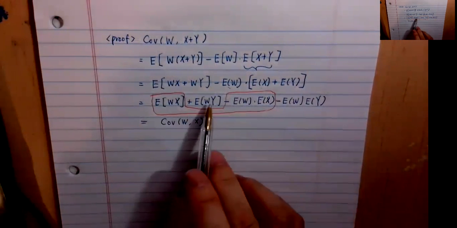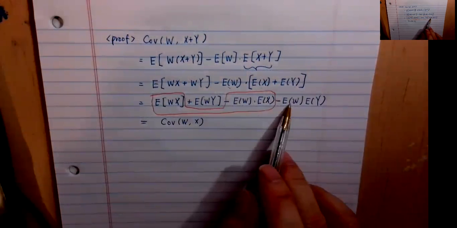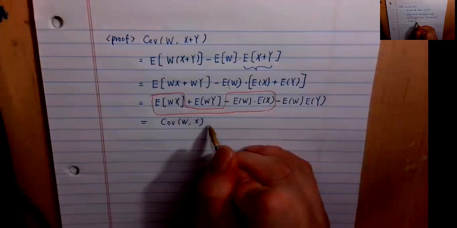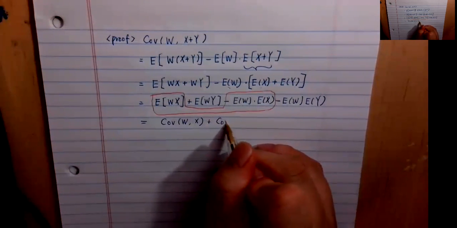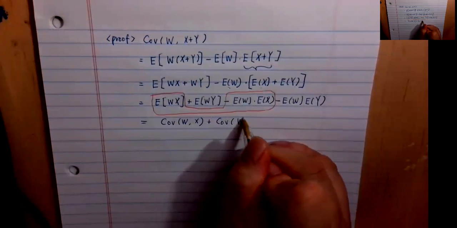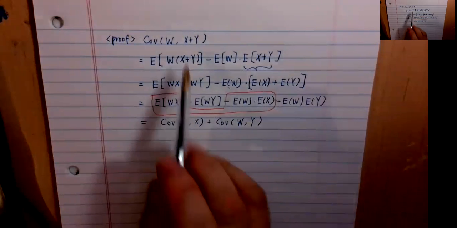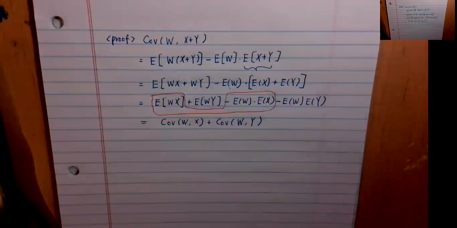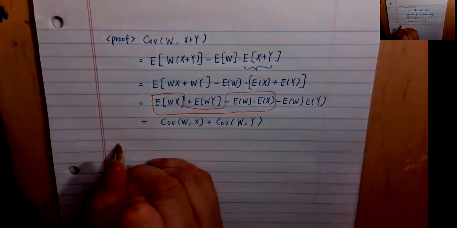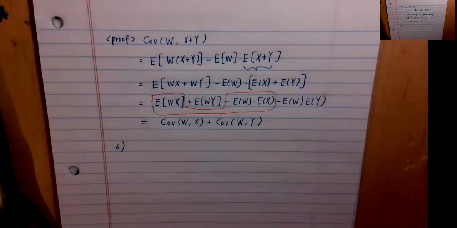And these two terms, the expected value of WY minus EW times EY, this is just covariance W and Y. So you can see this is what we want to prove. Think about this for 10 seconds as well. Okay, let's move to the next one.